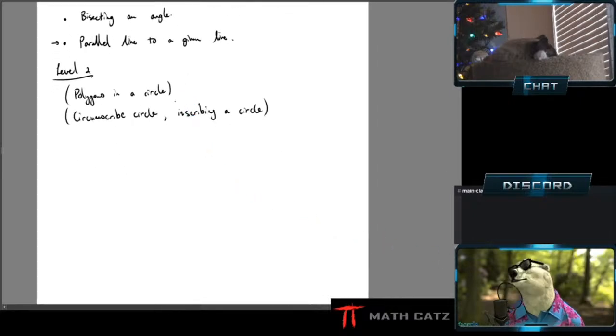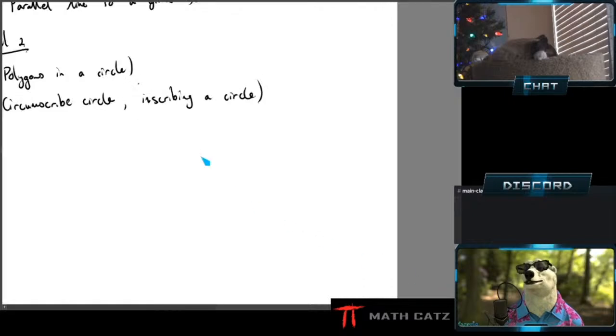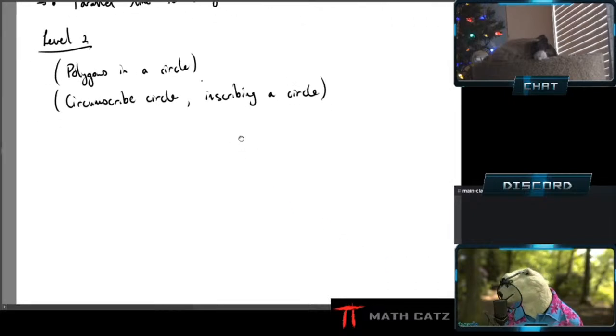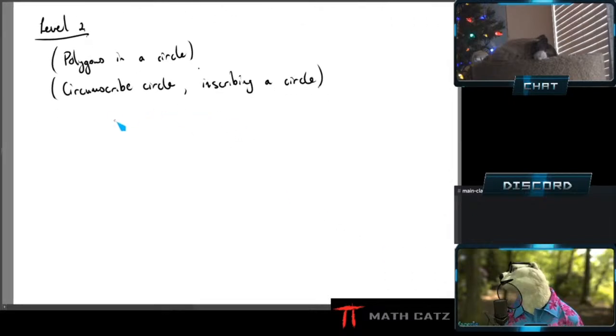In addition to that, also at level 2, we have our transformations. That was supposed to be an A. Transformations. And we've done one of them already. We've done the scaling one.